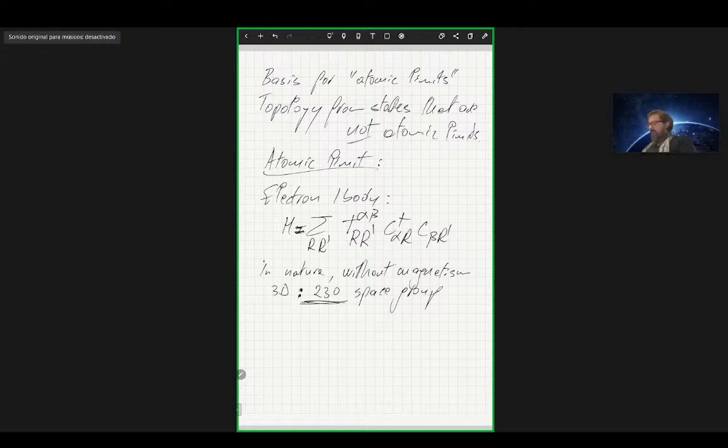And these space groups basically have 3 things that characterize them. So a space group is basically characterized by translations. Then it's characterized by point group symmetries.